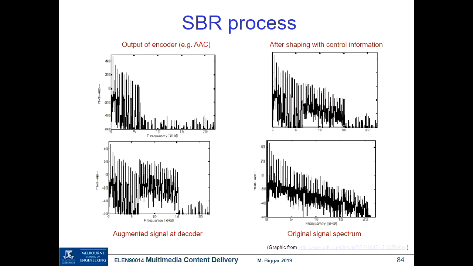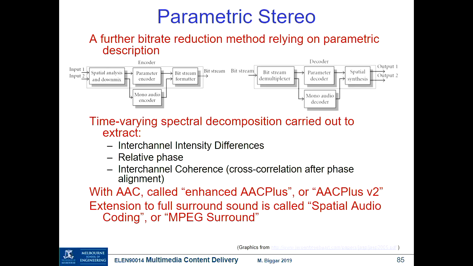Okay, so there's one other approach to parametric coding that I'd like to describe, and that's called parametric stereo. And it's a similar motivation in the sense that if we're running out of bits, if we want to compress our audio to a very low bit rate, then maybe we need to sacrifice the number of channels we encode.